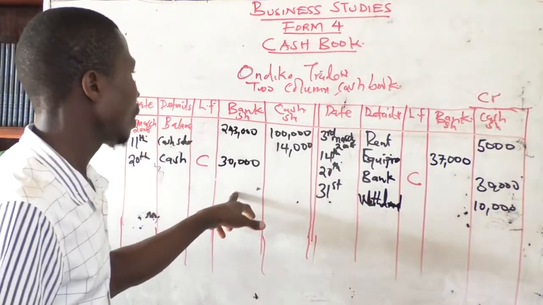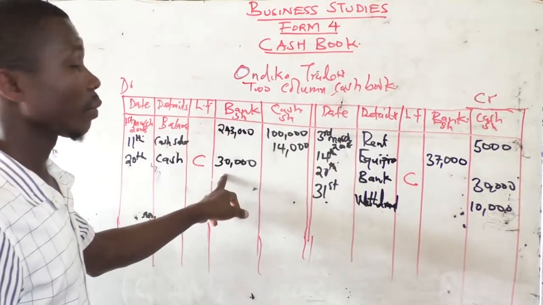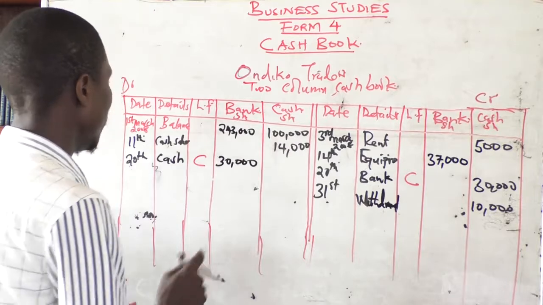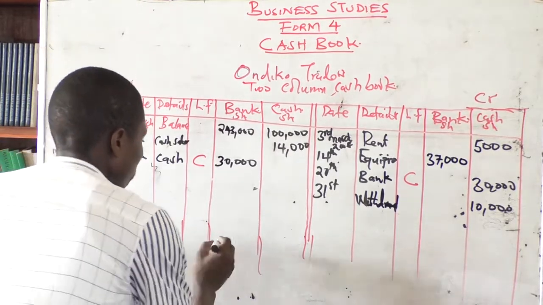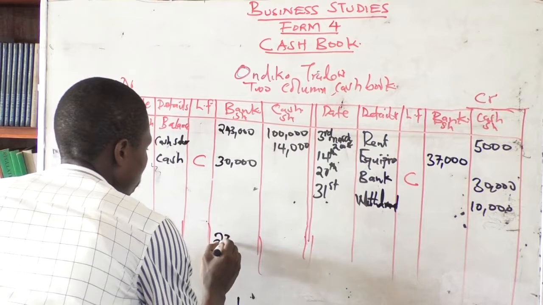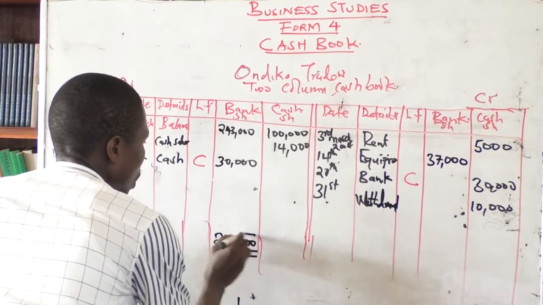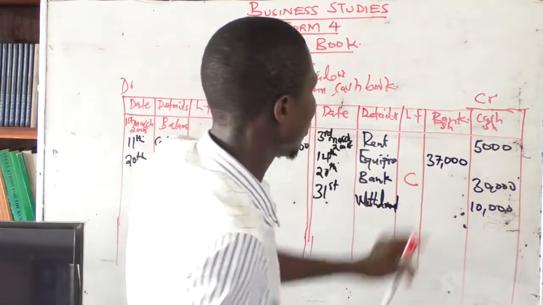We are going to start with the bank. Bank, this is 243,000 plus 30, that is 273. So we're going to say 273, a balancing figure, 273. Then double line. Then we come also to the bank here.